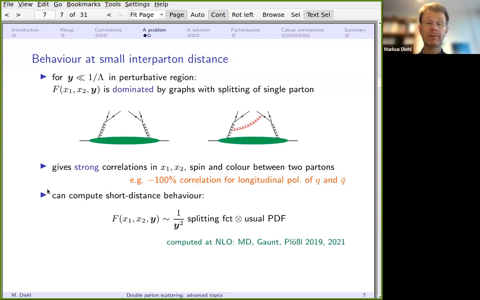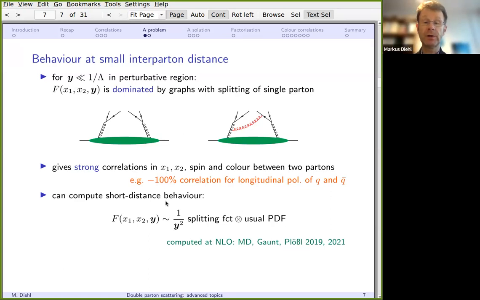So this looks very nice to the theorists, because they can now say, oh, at least if I'm at small y, I can compute my DPDs in terms of simpler quantities. And the formula is a splitting function that describes this vertex or its higher order analogs. Down here you have a single parton that's described by one of the normal PDFs, which we know fairly well.